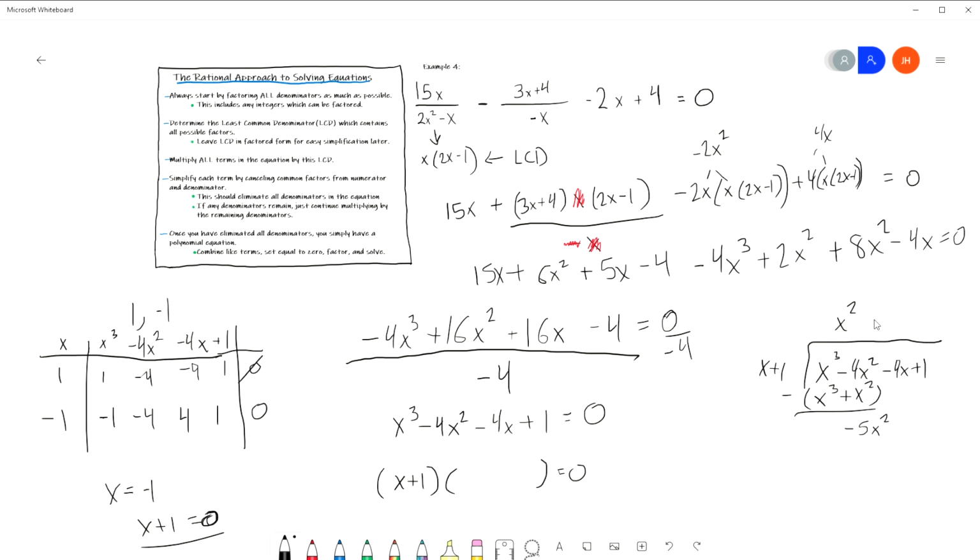So I need to have a minus 5x, because minus 5x times x is minus 5x squared. Minus 5x times 1 is minus 5x. Subtract those. -4 plus 5, right? See how minus minus? So -4x plus 5x is 1x. Oh, and look, I'm left with 1. So we have x squared minus 5x plus 1.